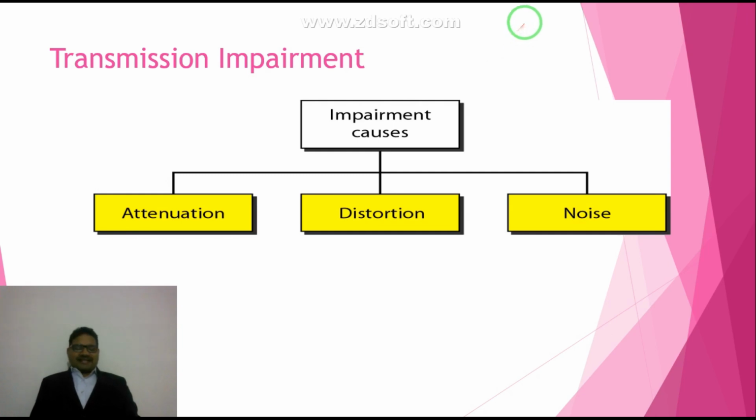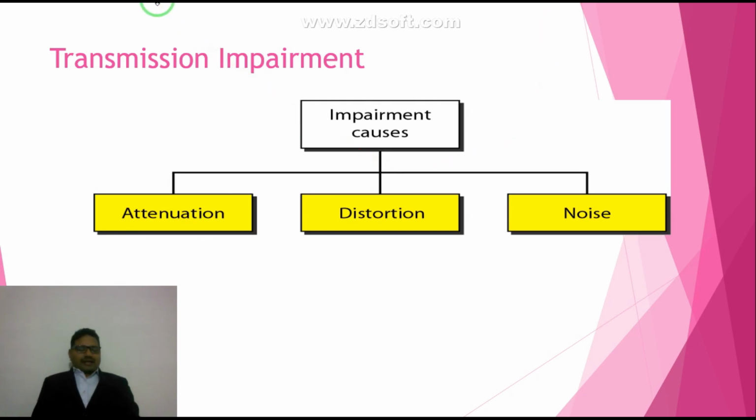Impairment means that the signals at the front end and at the end of the transmission medium are not the same. It means the data we transmitted is not received in that form.